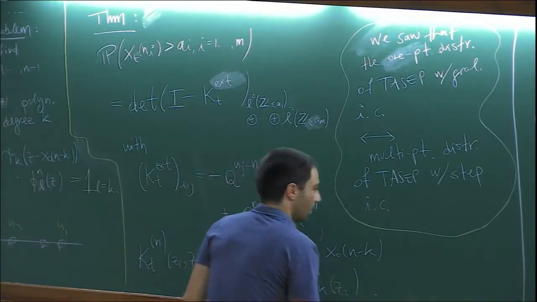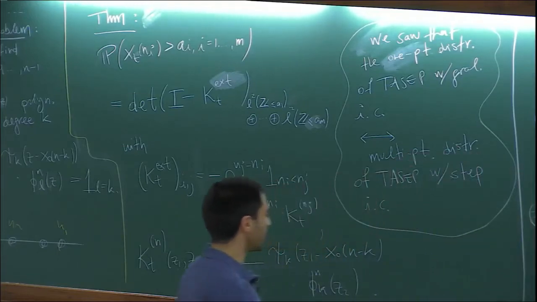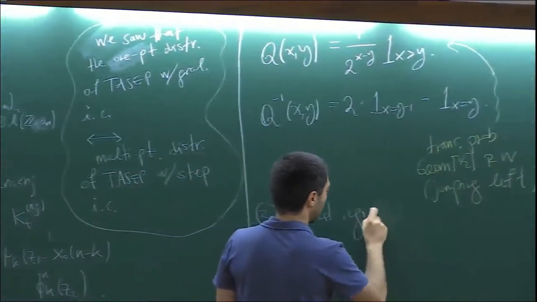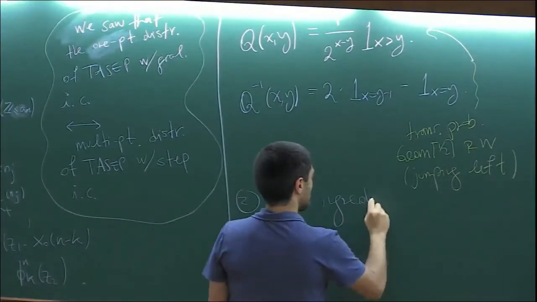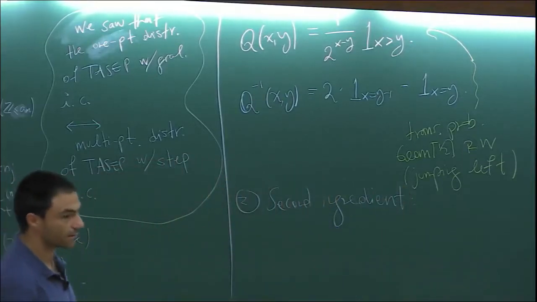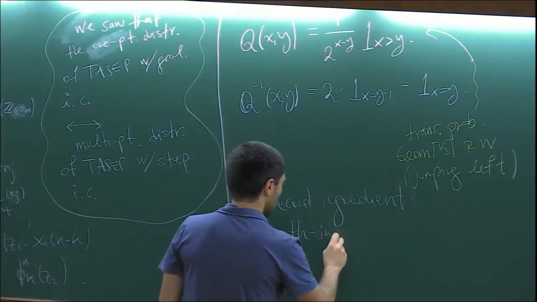And this something else, so this is the second ingredient, now that I finished my review from yesterday, is something we call a path integral formula.